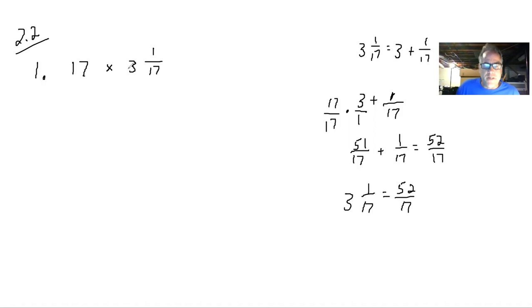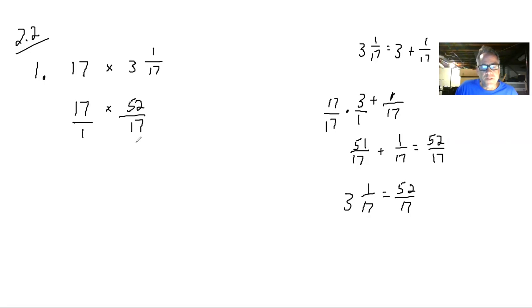To multiply. If it's adding mixed fractions, that's a lot easier. If it's multiplying, write this in improper form. That's why I went through all this. So it's 17 times, and then we already have converted this to 52 over 17. Now, again, multiplying fractions, it's multiply across the top, multiply across the bottom, then reduce.